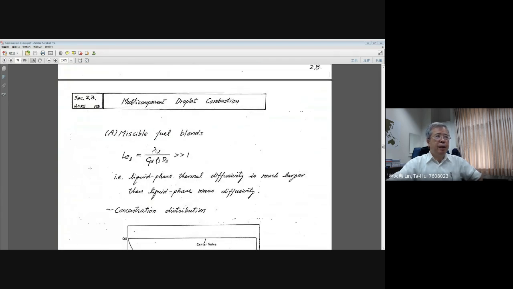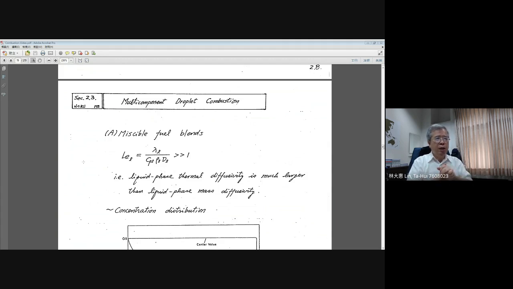Now think about if our liquid droplet is not a pure substance, and different components are mixed together, what happens? Let's look at the first group, the so-called miscible fuel blends. Miscible fuel blends means you bring two components together and just mix them, and they will nicely make a new component droplet.